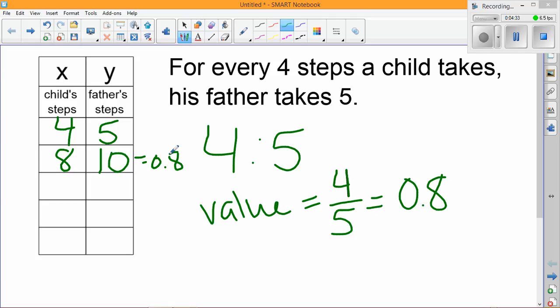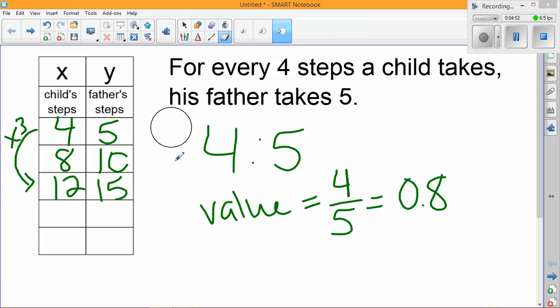Now if I do 4 times 3 and 5 times 3, I should get 12 to 15. Again, if you want to verify by typing into a calculator, 12 divided by 15 is 0.8. So since it has the same value, it's an equivalent ratio.